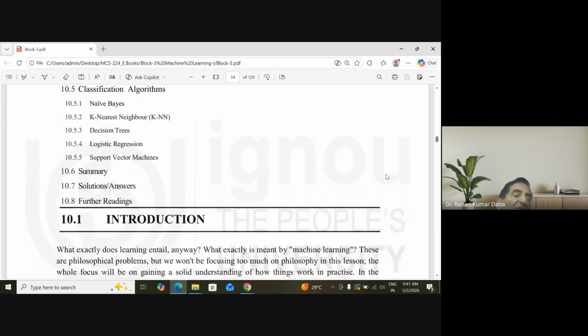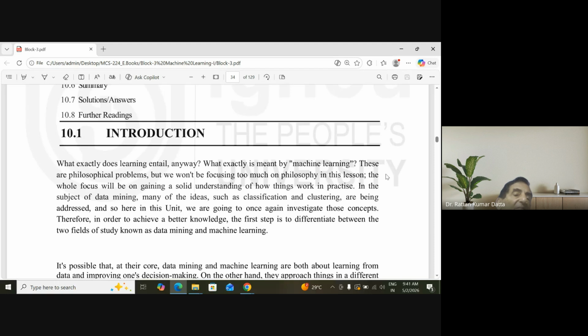So these are the basic things which are discussed here. What exactly it means by machine learning, we have already seen as a philosophical problem, but we won't be focusing too much on philosophy in this lesson. So let's go ahead.